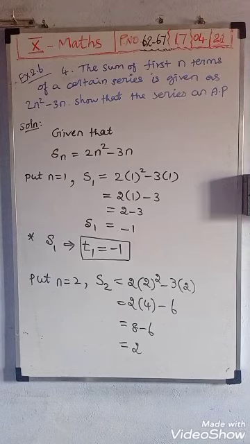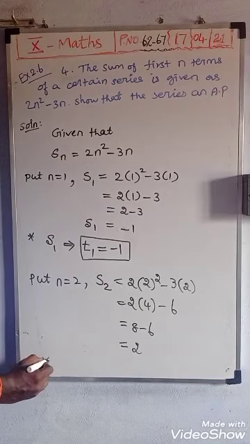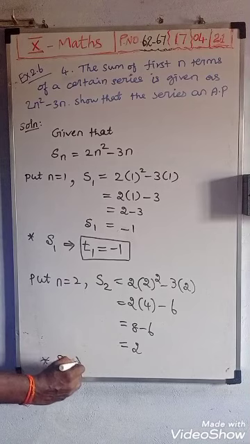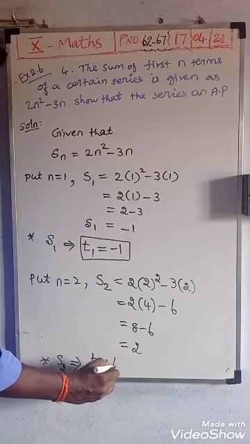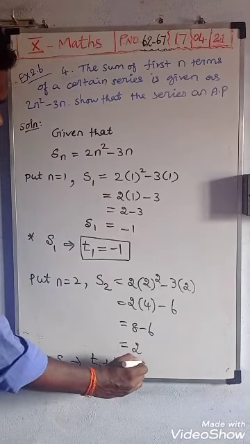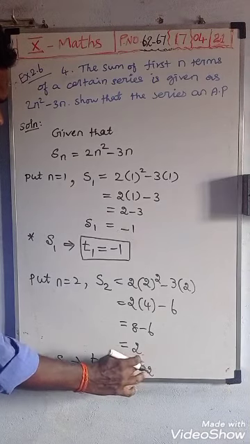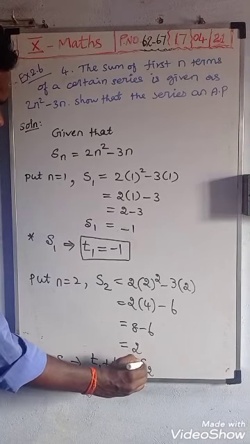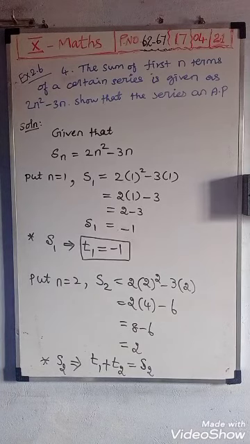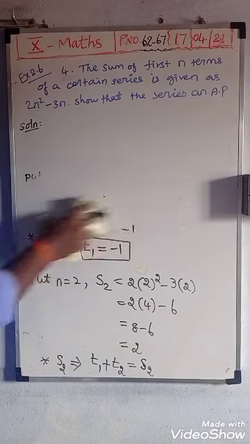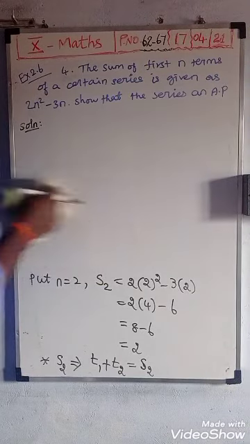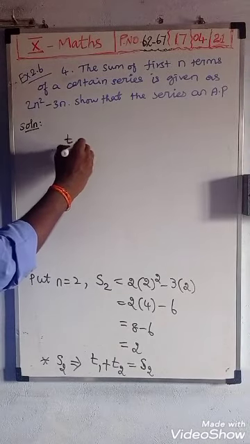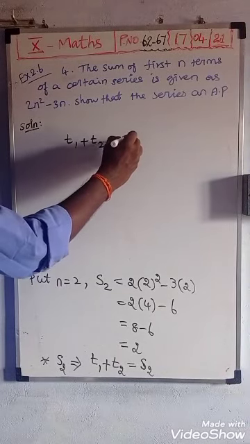Actually, S2 means two terms we are adding. S2 means T1 plus T2. Two terms added is called the sum of two terms, S2. Now we already know S2 is 2, therefore T1 plus T2 is equal to 2.